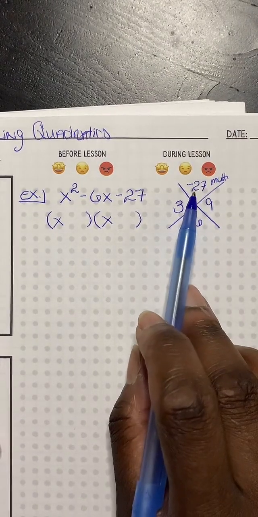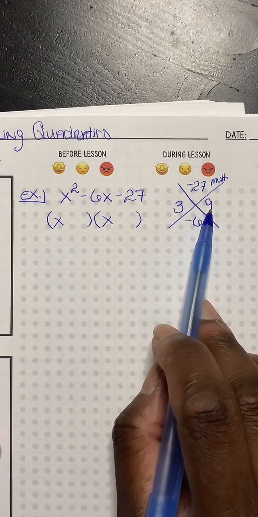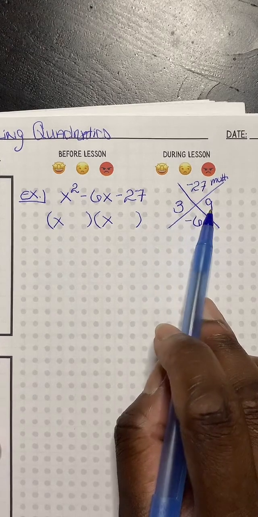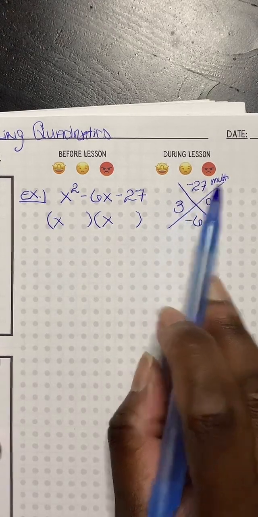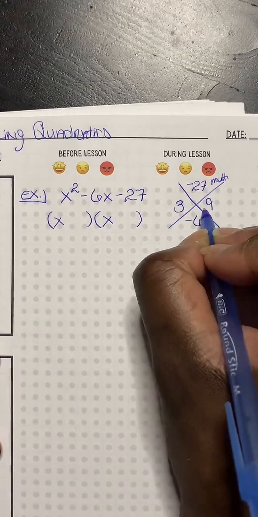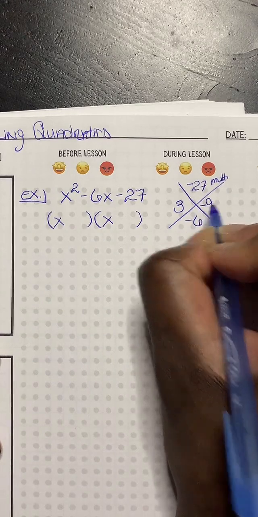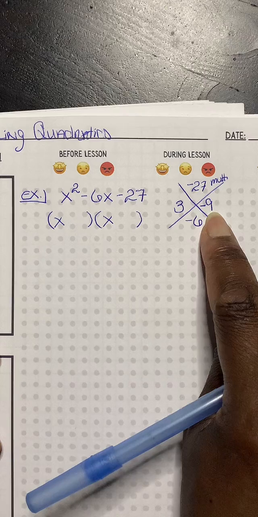But since we're looking for a negative 27, one of these has to be negative. And if I add those, the same numbers that we got for the negative 27 have to work for the negative 6. So since this has to be negative, my largest number is going to have to be negative.